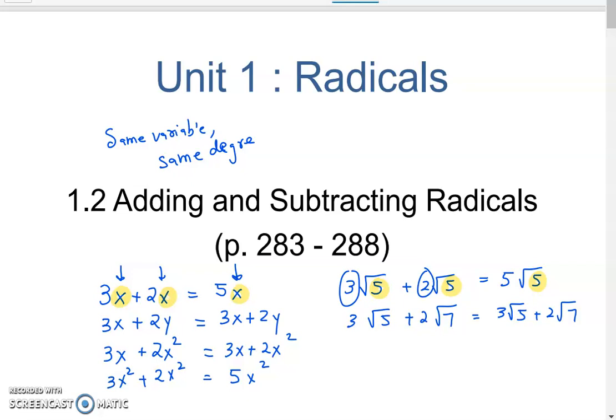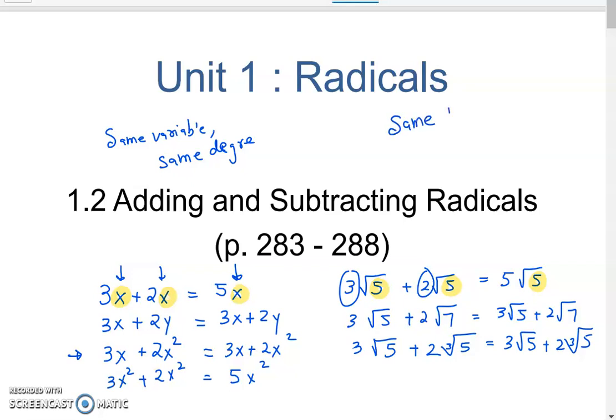So what happens if you have the same radicand, but a different index? Think about what happened here when you had the same variable, but a different degree. Here we have the same radicand, but different index. That's still a no-no. So remember I said it has to be the same index.